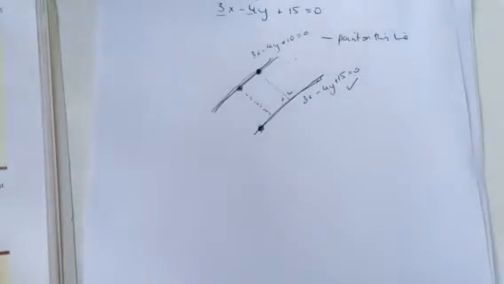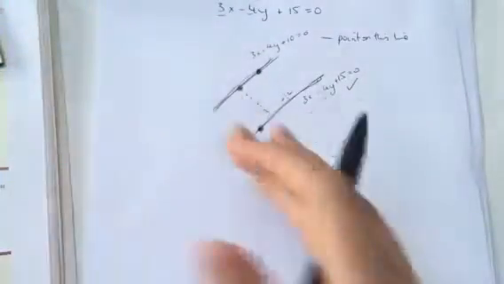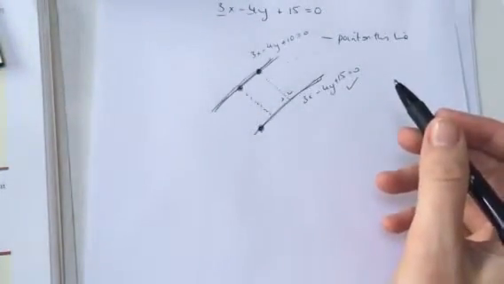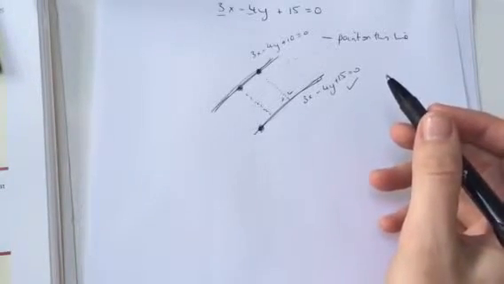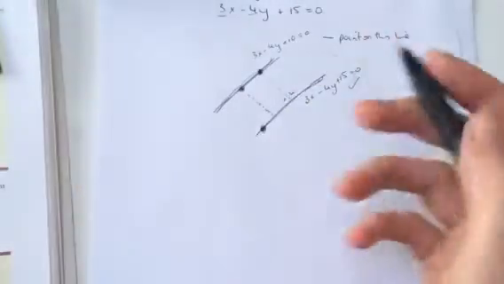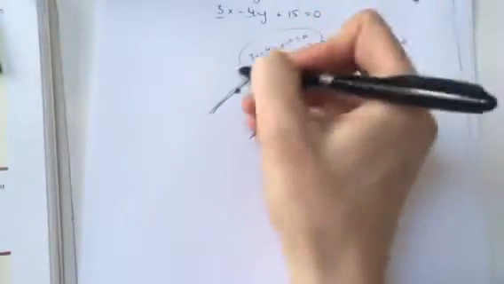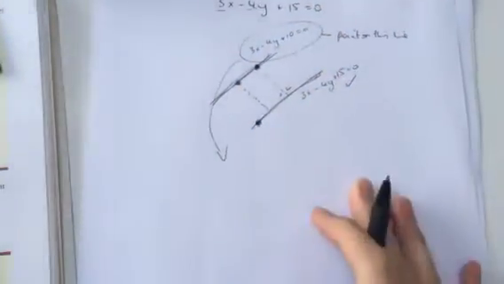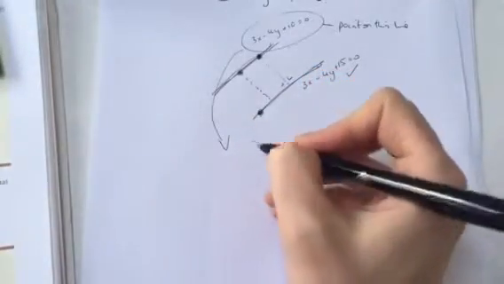So how do I find out maybe where this one cuts the y-axis? Okay, so for the y-axis, I let x equal 0.